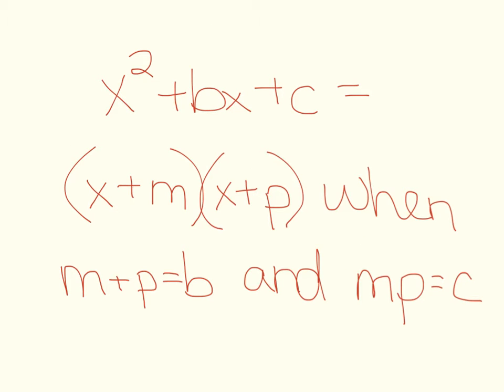So the key concept here is that you have the quadratic equation x squared plus bx plus c is going to equal x plus m and x plus p, when m plus p equals the b of the quadratic equation, and m times p equals the c of the quadratic equation.